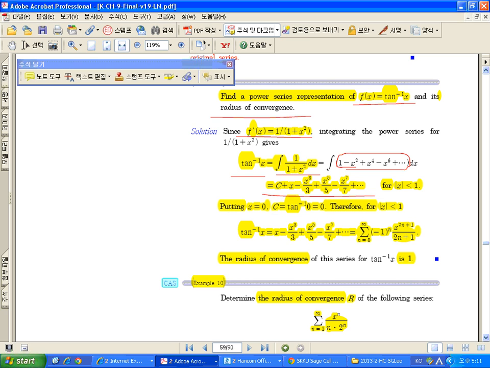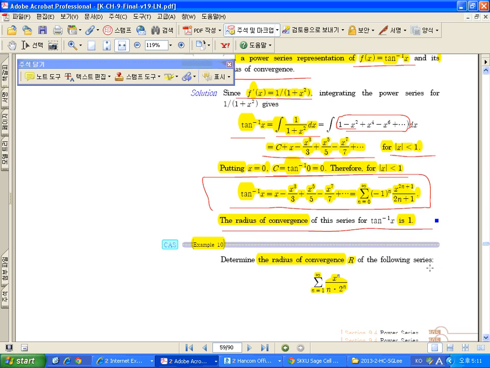Then we figure out the constant c as 0, and with the same radius of convergence, arctangent of x can be written in this way by integrating the series term by term. The radius of convergence stays the same.